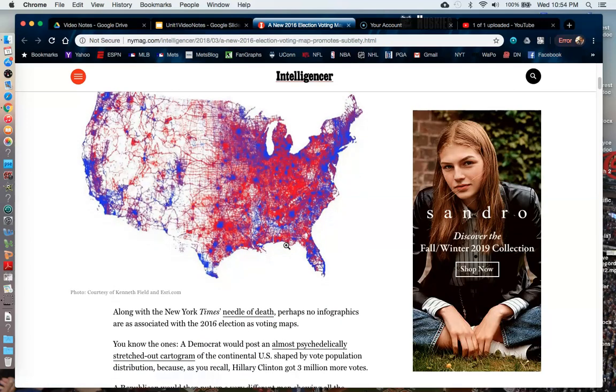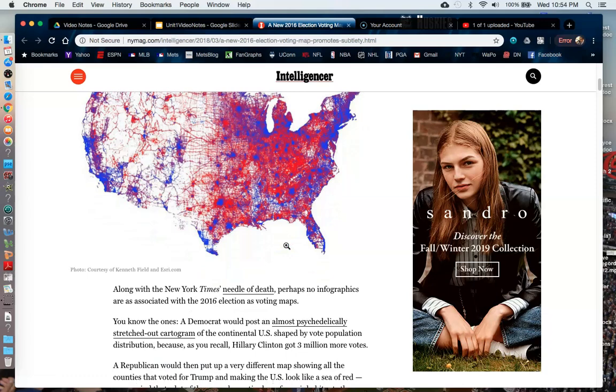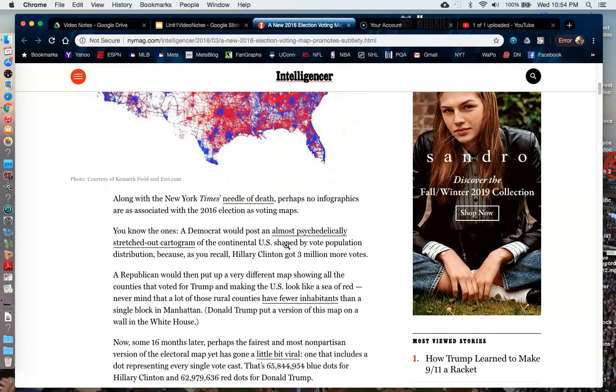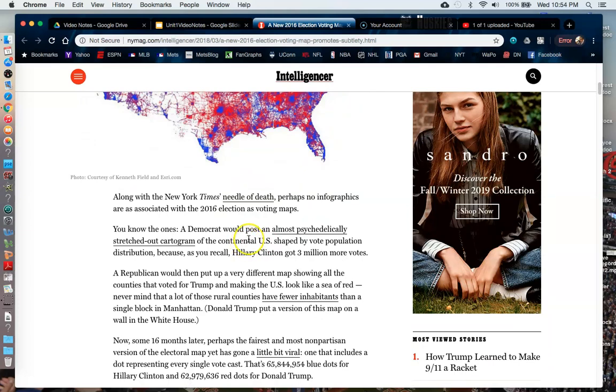Here we go. So the reason why I'm clicking on this is for you to successfully do this assignment. You have to click on the hyperlinks. You can actually skip the first one, all right? But when you get down here, where it says a Democrat would post an almost psychedelically sketched out cartogram, click that.